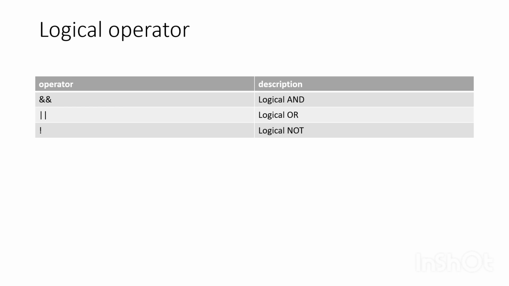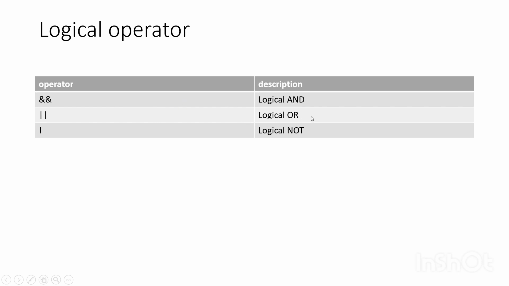Now we will see the logical operators. There are three logical operators: logical and, logical or, and logical not. For the logical and operator, both conditions should be true, and only then will it provide the output true. If any of the conditions is false, then it will provide false.